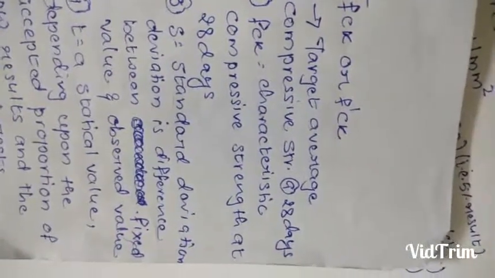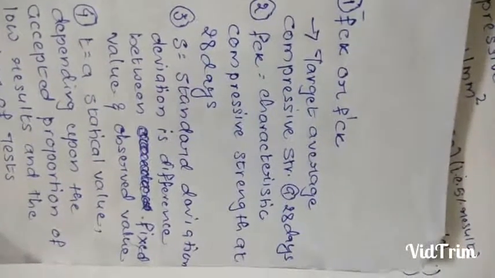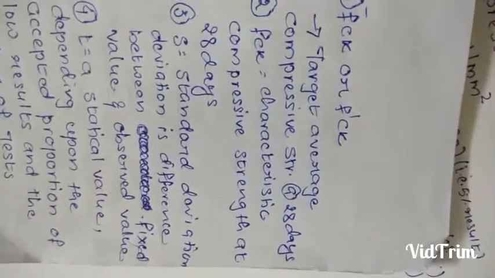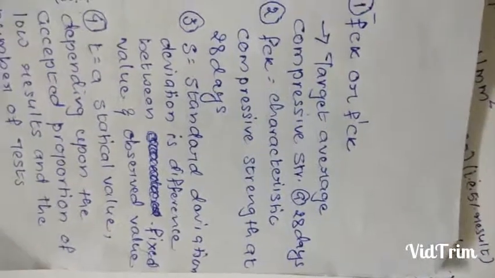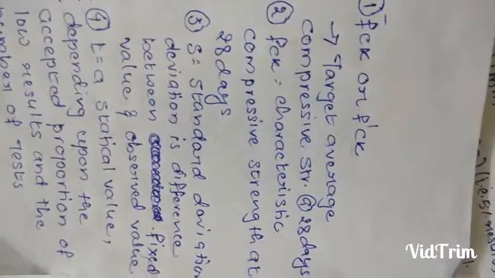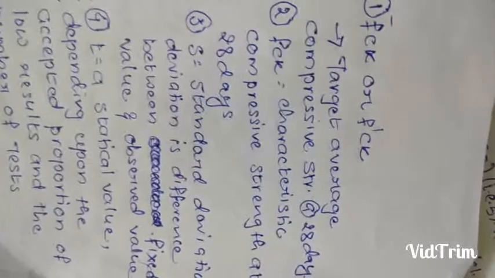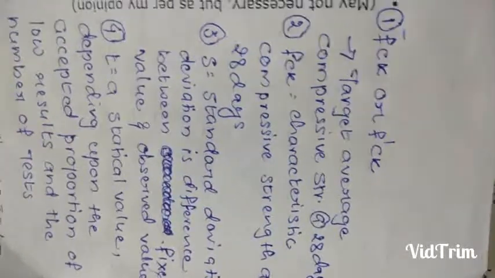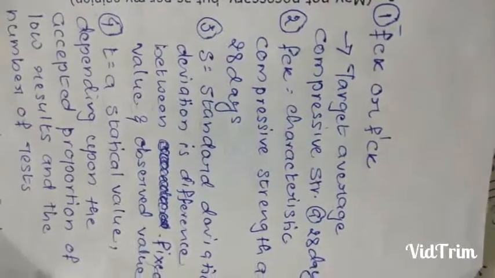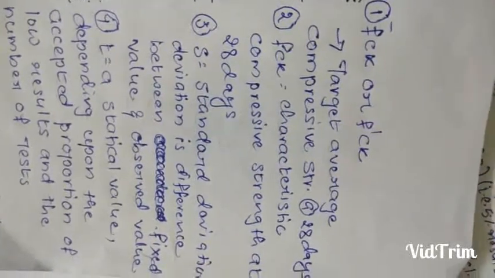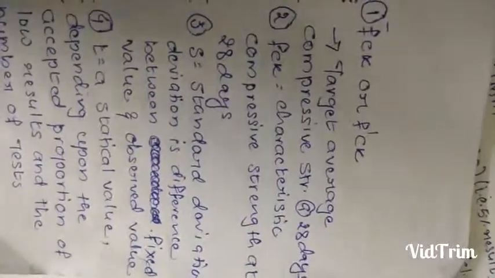The next one is T. T is a statistical value depending upon the accepted proportion of low results and number of tests, right? Now we consider our case.